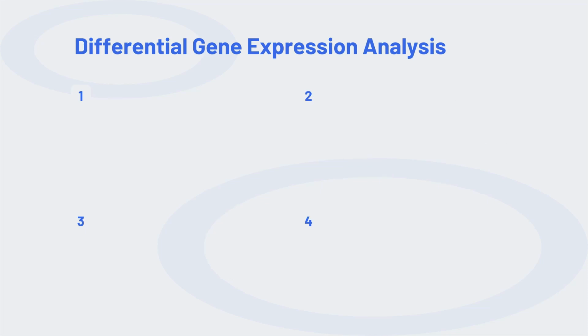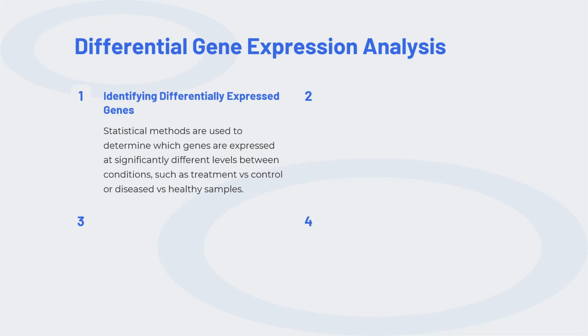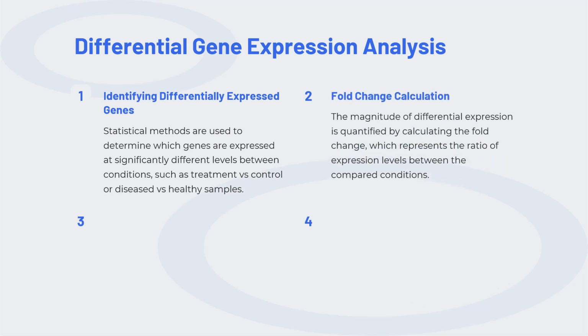Differential gene expression analysis is identifying differentially expressed genes, which genes are significantly low expressed, which are very highly expressed like this. Then we have fold change calculations as well, showing in what ratio the expression levels of the compared conditions changed.